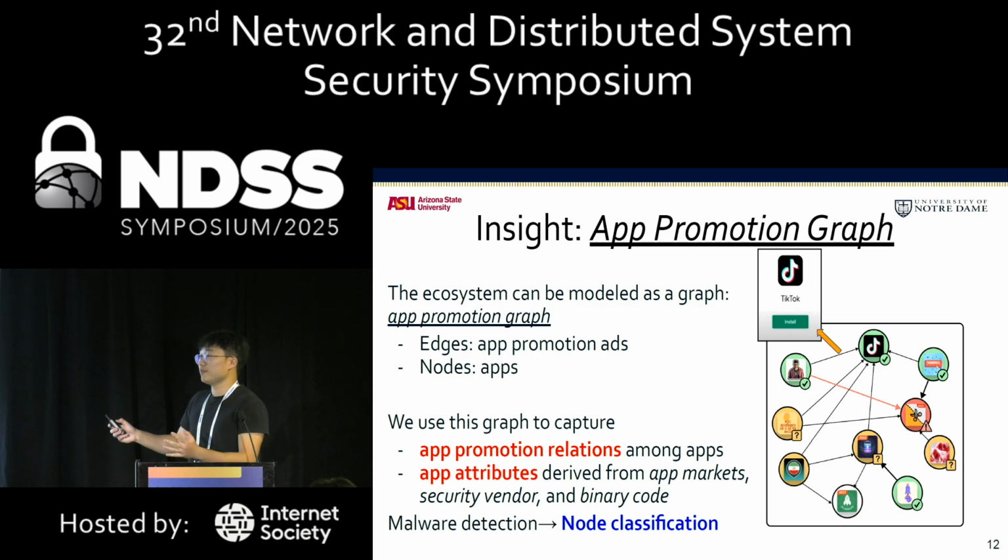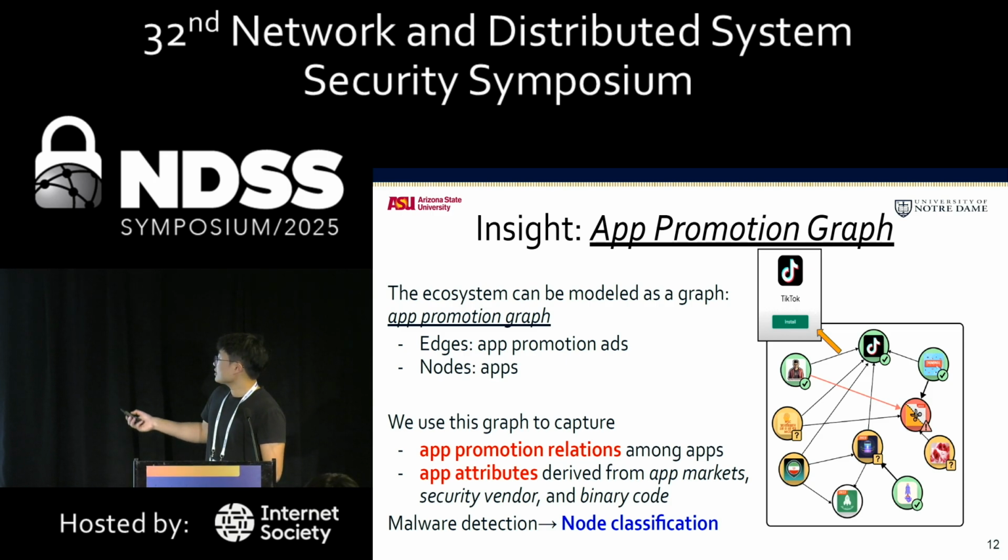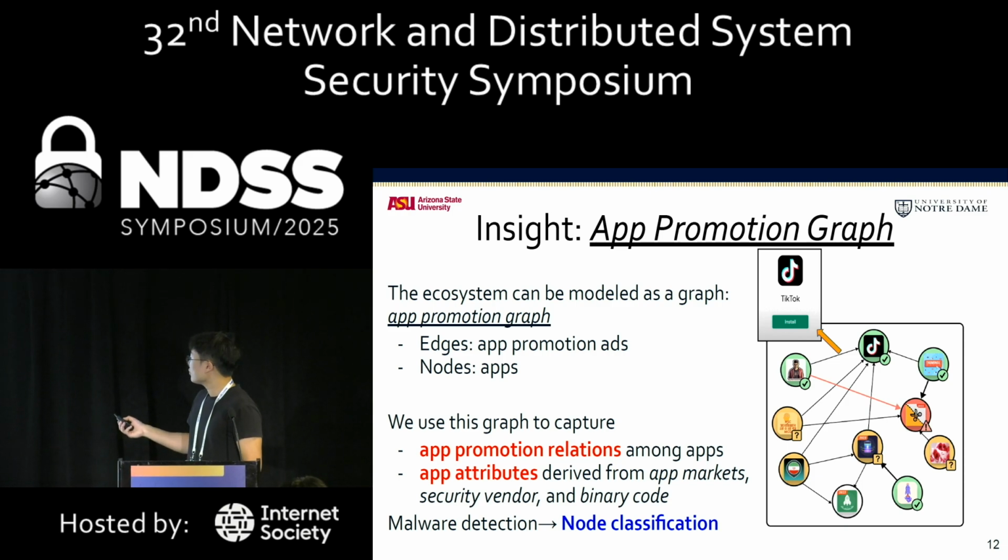And this is our solution. In this ecosystem, apps are cross-promoting each other using ads, and this relationship can be naturally modeled using a graph. We call it an app promotion graph, where edges are ads and nodes are apps. The right side figure shows an example of a real-world app promotion graph, where the icons are apps, and the connectors or edges are ads, meaning an ad in the source app promotes the target app.